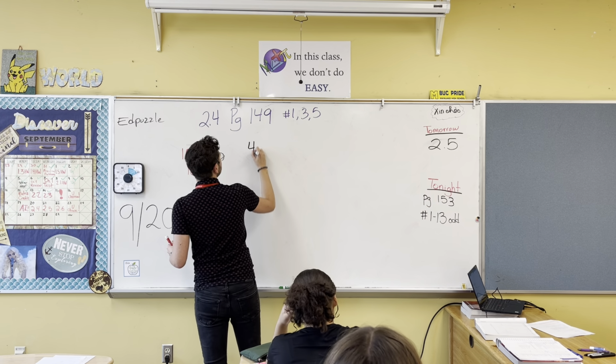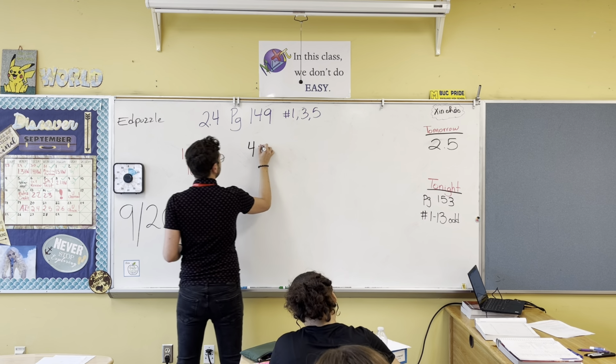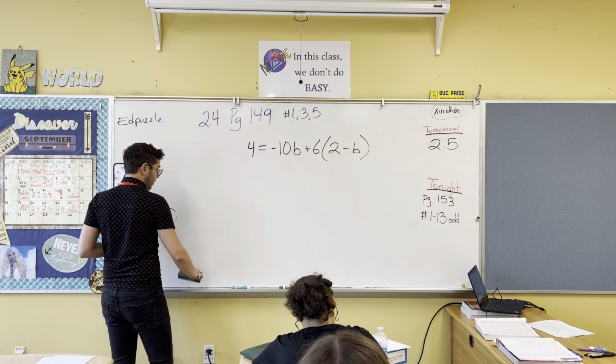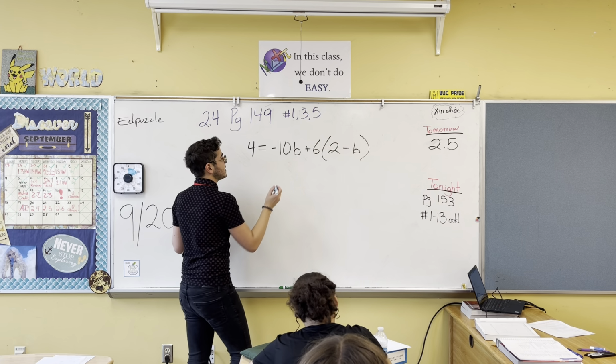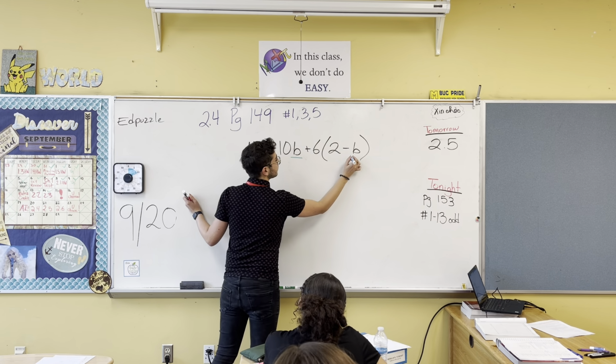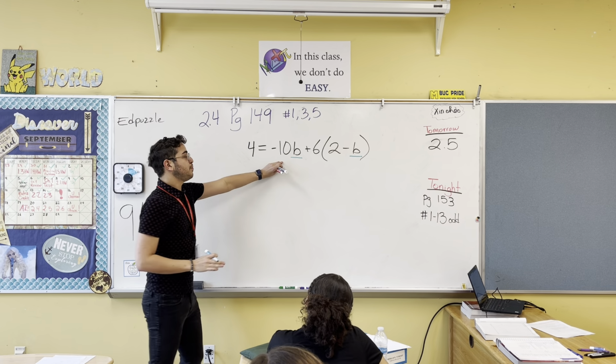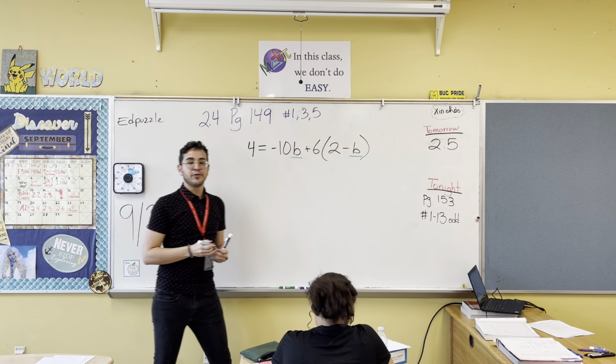Can somebody read it to me? 4 equals negative 10b plus 6, parentheses 2 minus b. Okay. So let's identify the variables. We have this variable and this variable, and they're both b, aren't they?